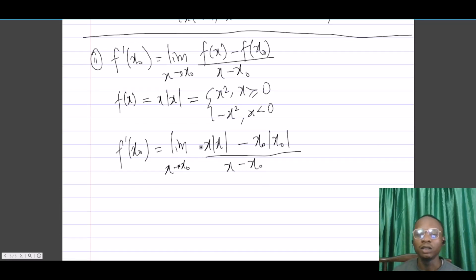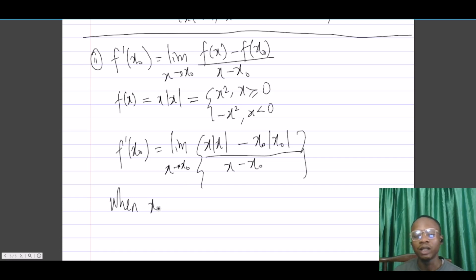So at the end of the day, we will have to deal with what our x is approaching. I mean, is our x positive or negative, so that we know what is happening. So for this case, we now consider when x is greater than 0.